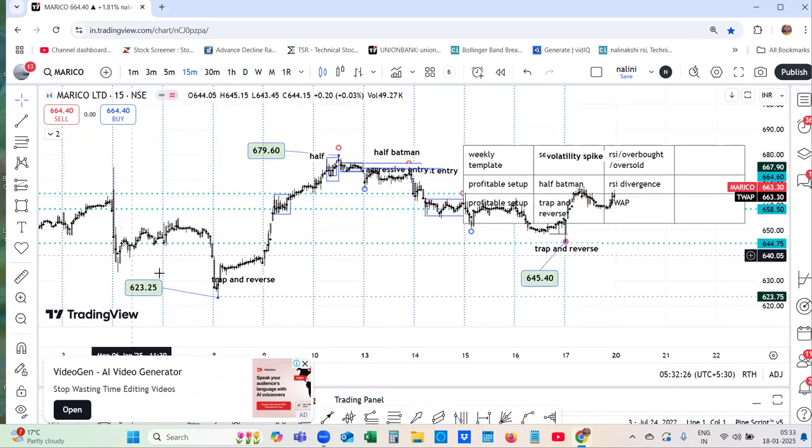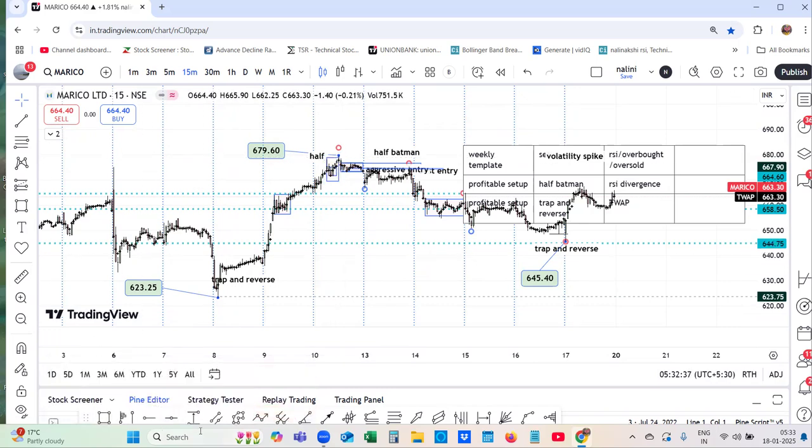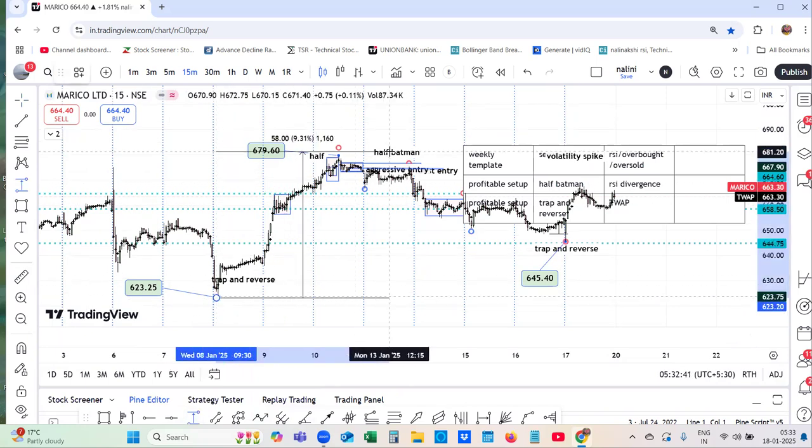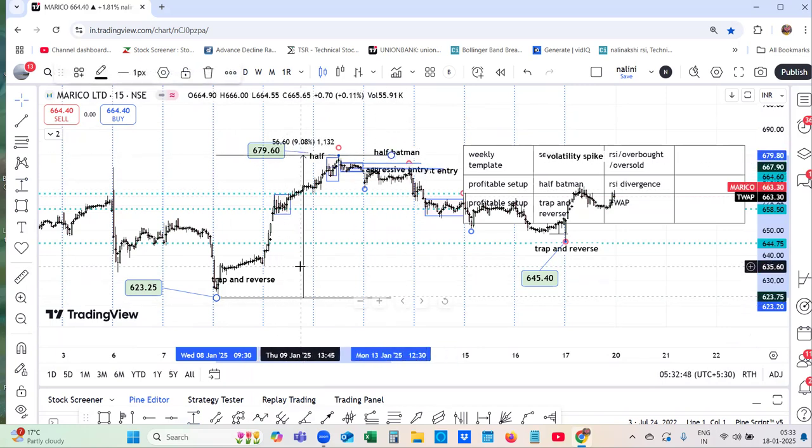From 623, it rallied up to 678. That is almost 9%. Yeah, a 9% rally you can see within 2 days.